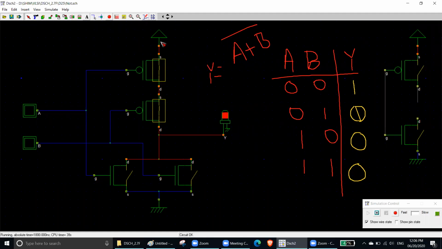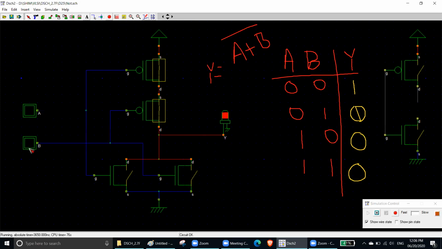Both PMOSes are on, so current will come, but it cannot go to the ground because the connections are off. So it can go to the ground through the LED. Remember this, when it goes to the ground through the LED, the LED will be on. That means you have 1.